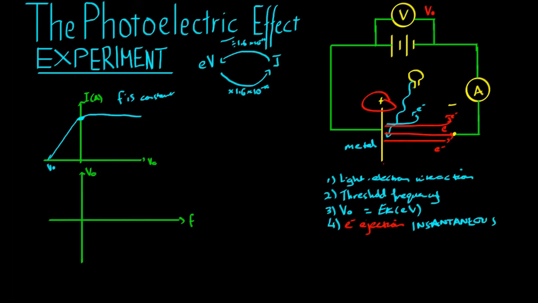Now here is the first, we can say, really strange observation. If I increase the intensity of this blue light, say from the intensity of a light bulb to the intensity of a laser pointer, with the wave model of light, you would expect a greater kinetic energy for the electrons, because you've got a greater intensity light wave incident upon the metal.